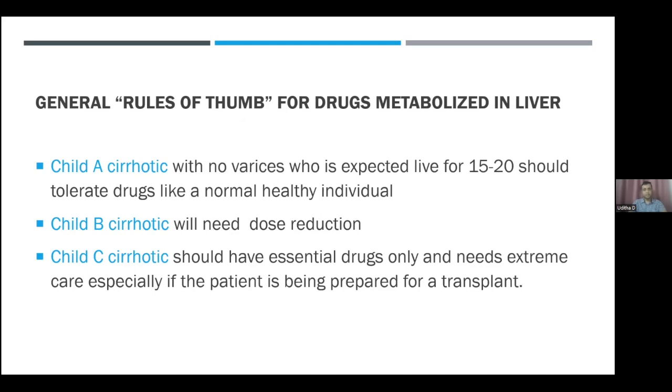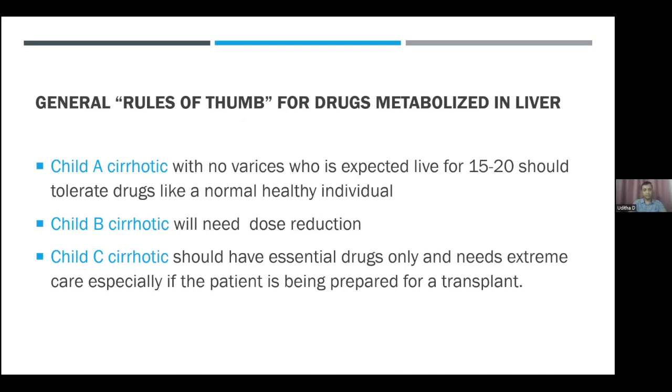So we are thinking about only essential drugs, and you have to use those drugs with extreme caution. If the patient is being prepared for a transplant, we need to be more cautious, in order to prevent any complications that would interfere with the surgery.